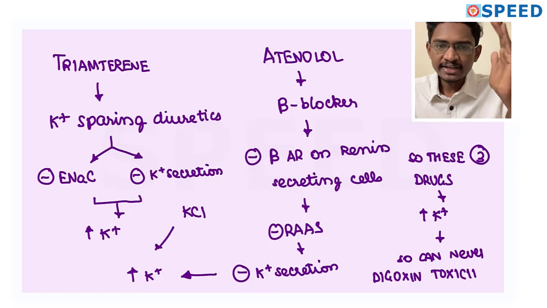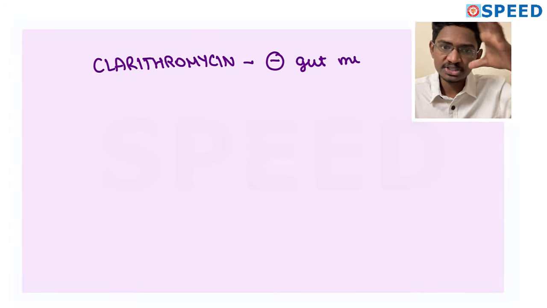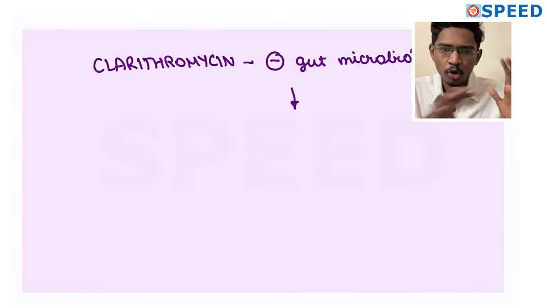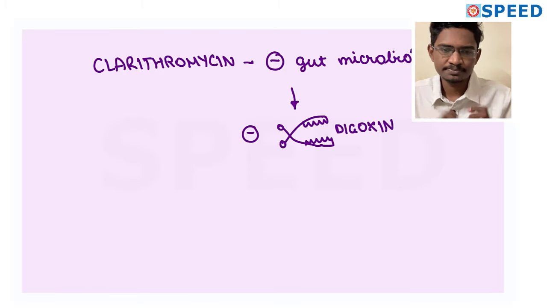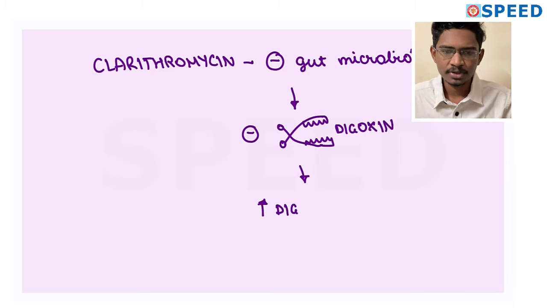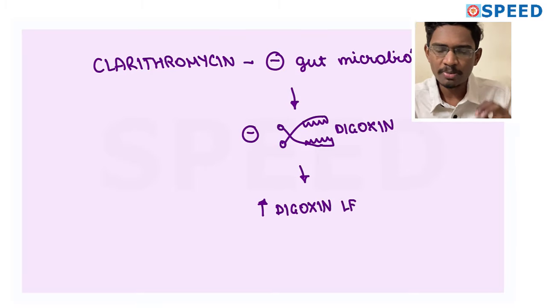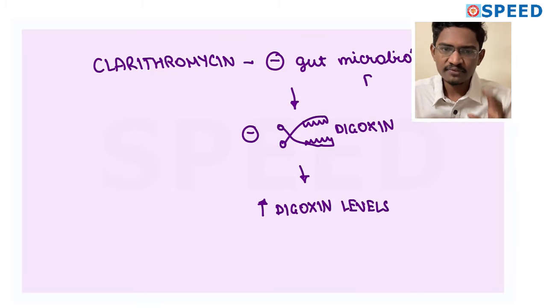If you want to know the detailed mechanism of clarithromycin, you should know that in the GIT, almost 70% of digoxin is absorbed, and the bacterial flora will degrade some digoxin coming to the gut. So if you take clarithromycin, which is an antibiotic that will kill the gut flora, disturbance will happen.